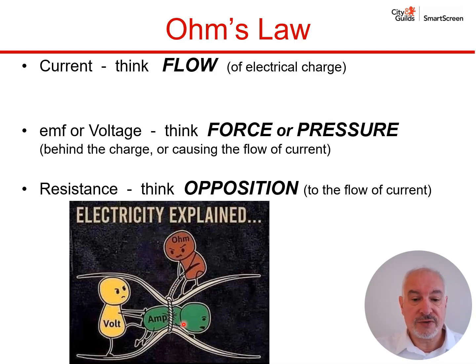There we have the current trying to get through this opposition to the current flow, and that's measured in amps. And there we've got the voltage, a little character called volt, who's pushing the current through against the resistance. So hopefully that gives you a general concept of the three interrelated ideas within an electrical circuit of current, of voltage, and of resistance.